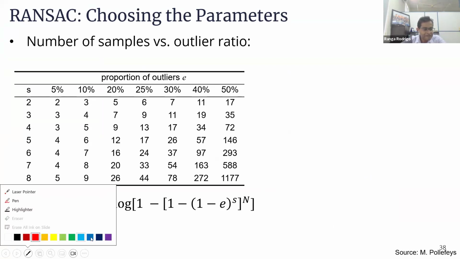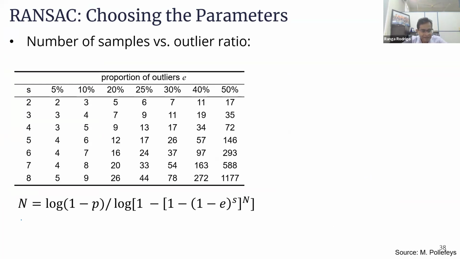So let's consider P is equal to 0.99, S is equal to 2, and E is the outlier ratio, 0.4. We are considering this case, right?